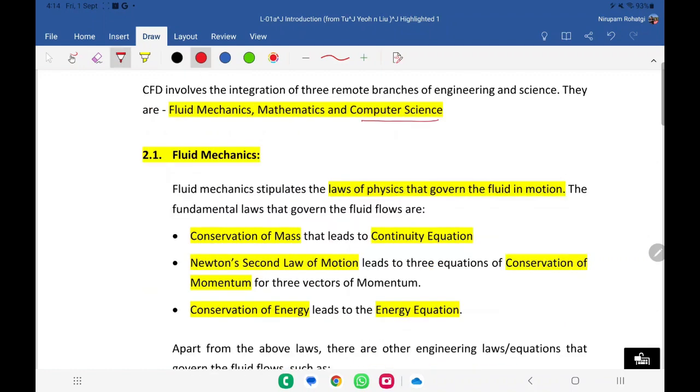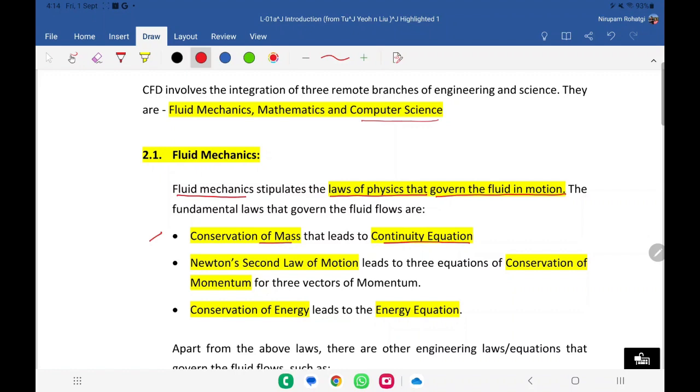Okay. Now what is fluid mechanics? Fluid mechanics basically stipulates laws of physics that govern the fluid motion. Now what are those laws? First one of them is conservation of mass, which gives you the continuity equation, which is one and the same thing.